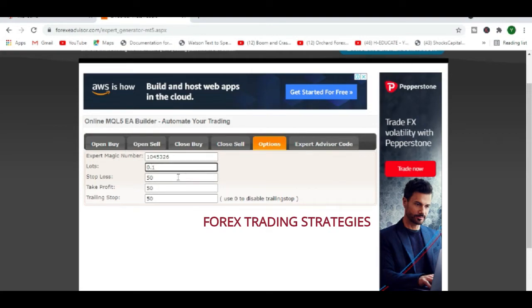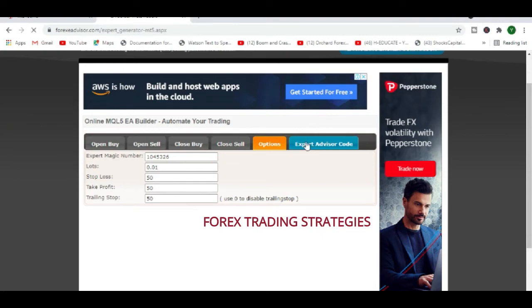Then you can set your lots there, but this is editable on the chart. If you don't want to edit it here, you can simply leave it and you can edit it when you place the robot on the chart. So there's stop loss, there's take profit, there's a trailing stop. All can be changed when you place the robot on the chart.